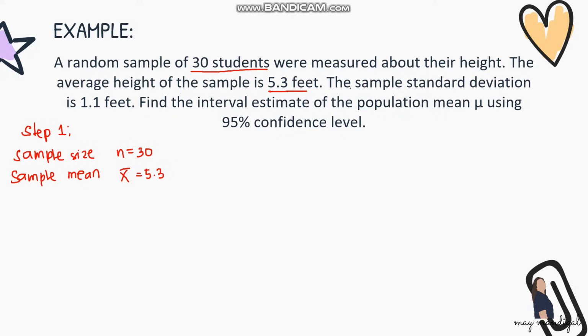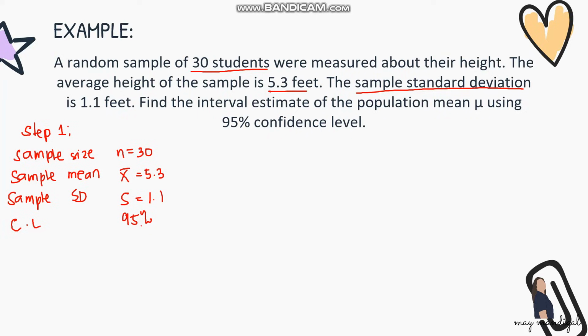And then we have the sample standard deviation, 1.1 feet. So that gives us the sample SD, denoted by s, equal to 1.1. And our confidence level is 95%.